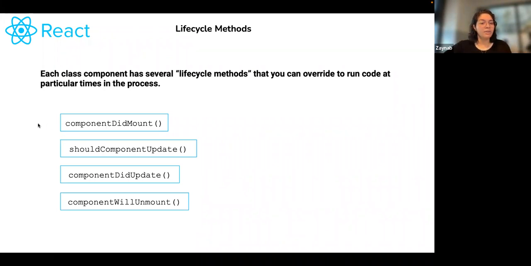So right after the component mounts, it would go into this function, and you can write whatever you want it to do during that time. So it overrides the default behavior. The default behavior is probably do nothing, and you would add stuff to do during those times.